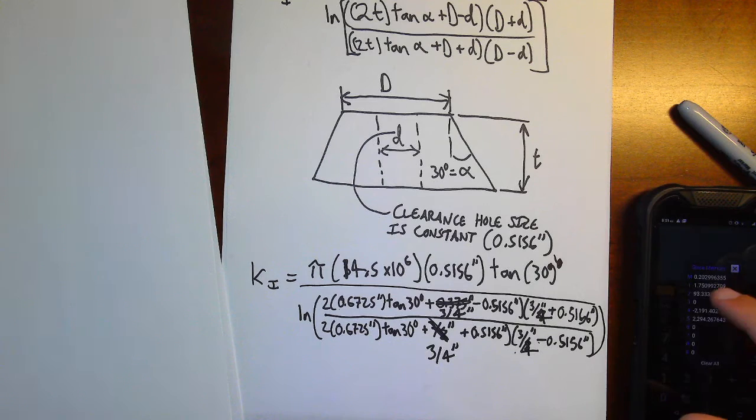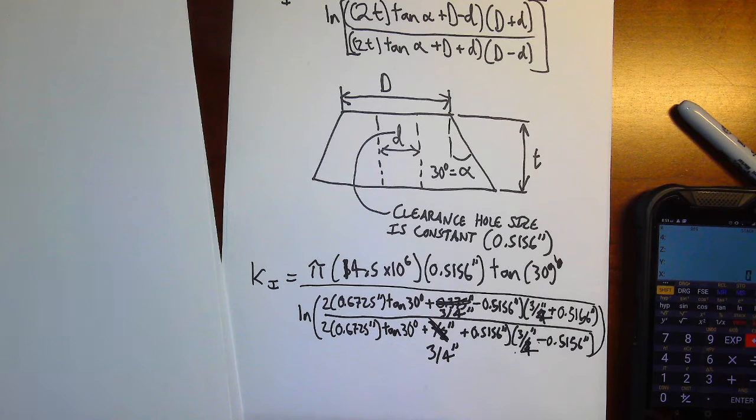Store that into memory 3, and then 0.6725, 0.725, tangent of 30, 3/4 inch, add that, 0.5156, subtract that, 0.75, 0.5156, add those. Okay.